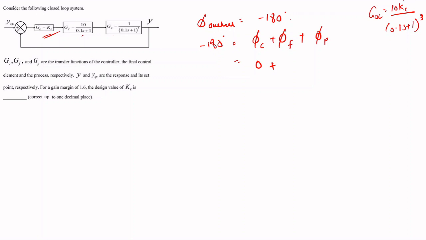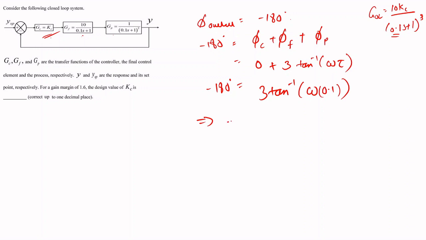So for this Kc we already wrote it as 0, and for 1 upon (0.1 S plus 1) whole cube, basically it will be 3 times the phase lag of the first order system with time constant of 0.1. So that will be 3 times tan inverse of omega tau, where tau is 0.1. Let's replace it: 3 times tan inverse of omega into 0.1.